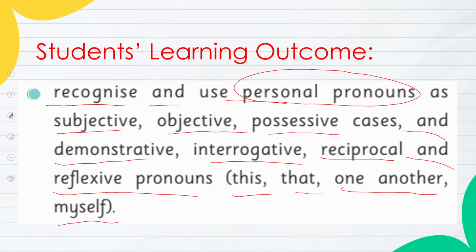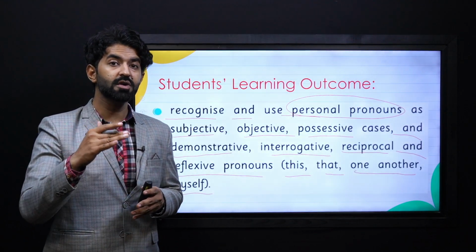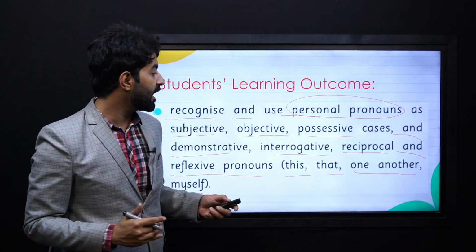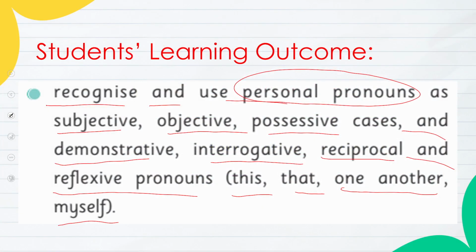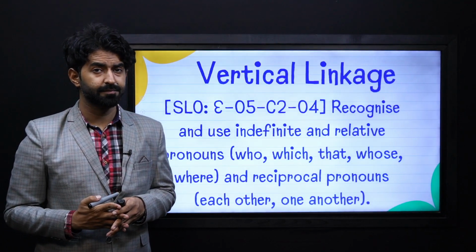So, my dear learners, if you remember in the previous video lecture, we covered the first half of this SLO, and now it's time to cover the other half that was left. Now, we'll be looking at demonstrative, interrogative, reciprocal, and reflexive pronouns. Now, let's get them one by one.